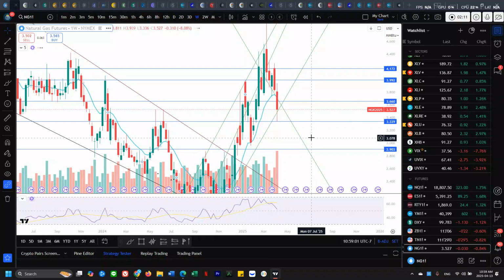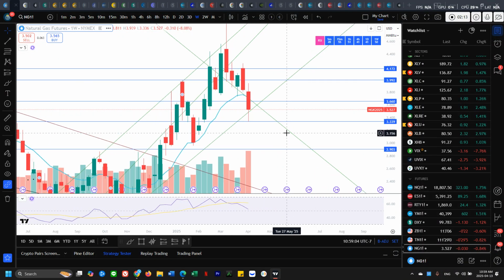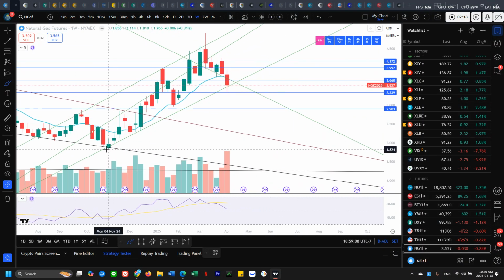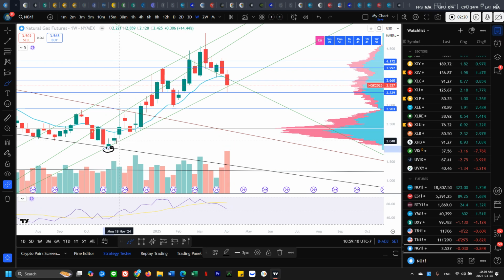Let's go to the weekly chart. So on the weekly chart, this longer term support is still acting as support. Bounce, bounce, bounce, bounce. Broke through it, but ended up closing the week within it. So that is a hold of the support currently.